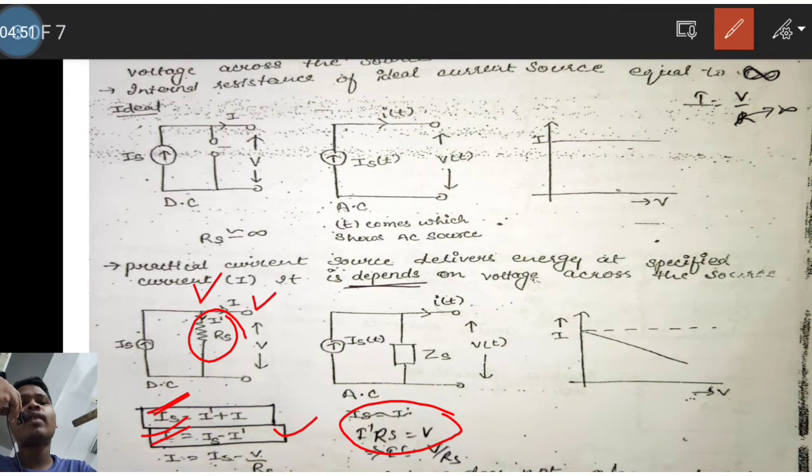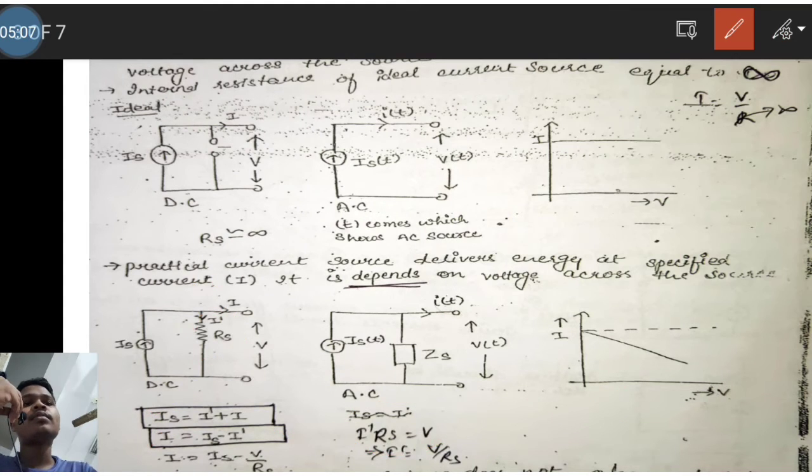If you want to find I dash, then the voltage V divided by RS, as RS is transferred to the denominator side. Now put the value of I dash in this equation, then you will get I equal to IS minus V divided by RS.